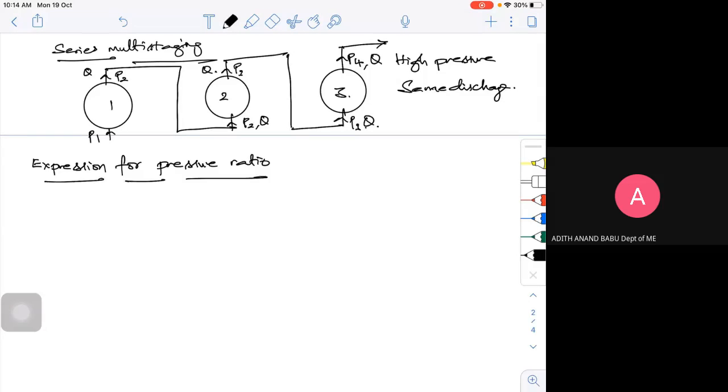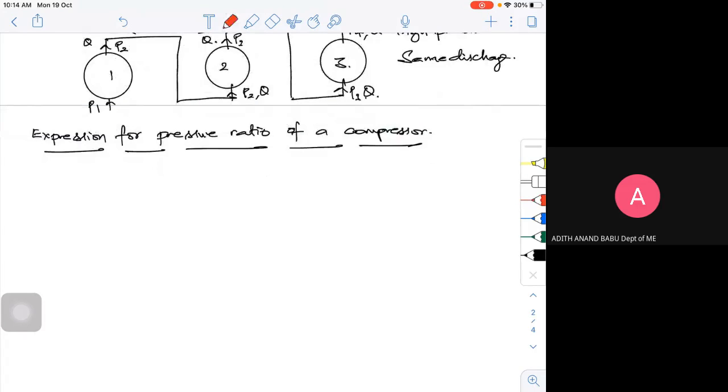Whether it is axial or radial, it remains the same. So let's try to draw the enthalpy-entropy HS diagram. Let's try to draw that.